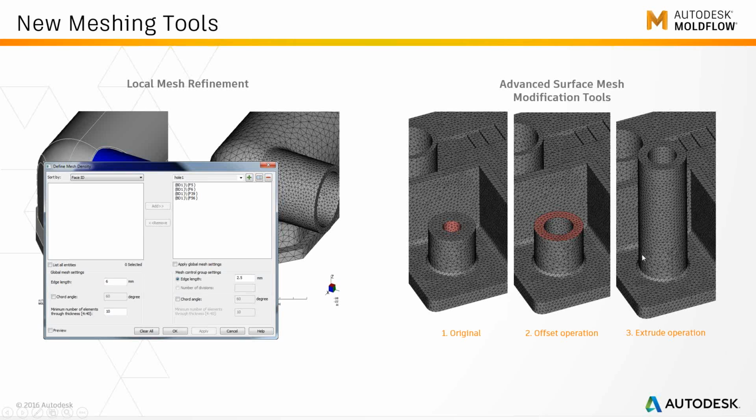So in 3 steps, I made a fairly significant change to my model that is non-trivial. Normally I would have had to go back to my CAD system to make these design changes, but I could do this on the surface mesh directly. So these are surface mesh editing tools. They're not on the CAD model.